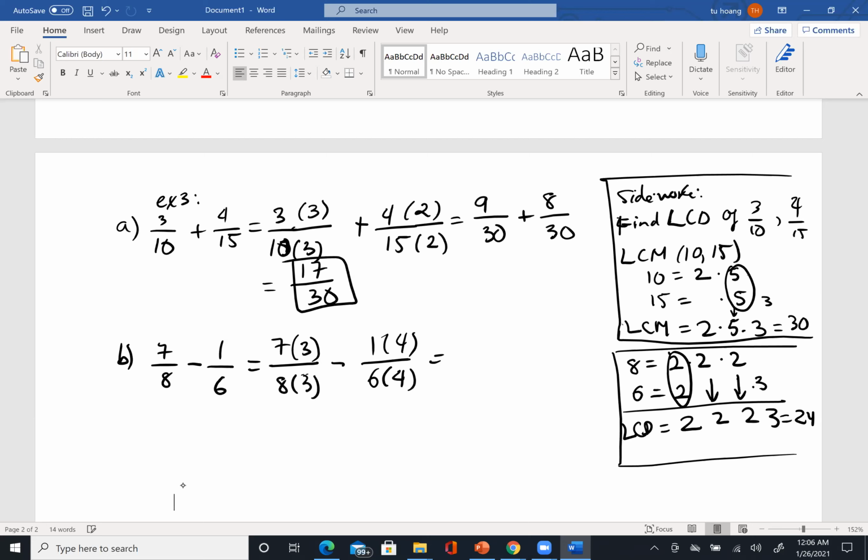And now if you do the multiplication, you have 21 divided by 24, and minus 4 divided by 24. So finally, you will have 21 minus 4 equal to 17 divided by 24. That should be the answer.